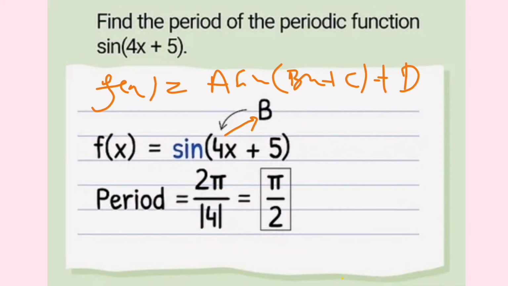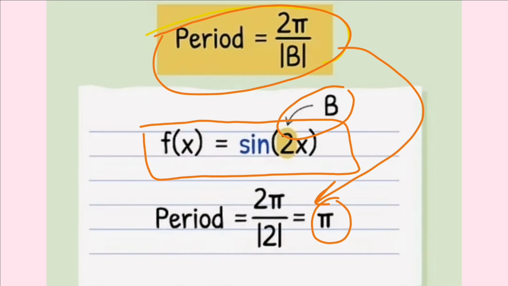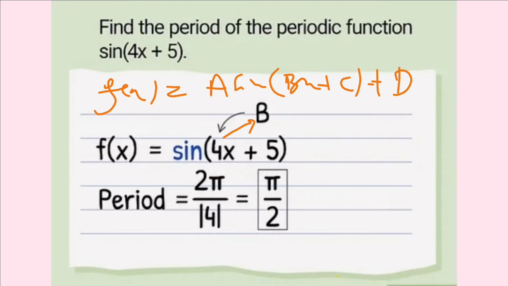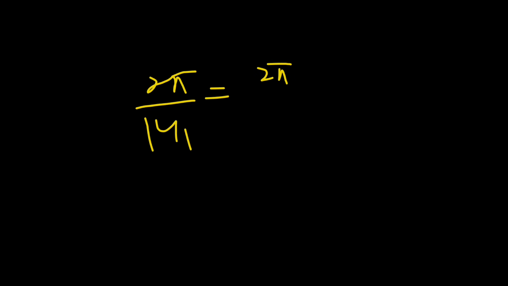Again by the general formula, the period will be equal to 2 pi divided by |4|, which is equal to pi divided by 2, because 4 absolute will be equal to 4 by the definition of absolute value.